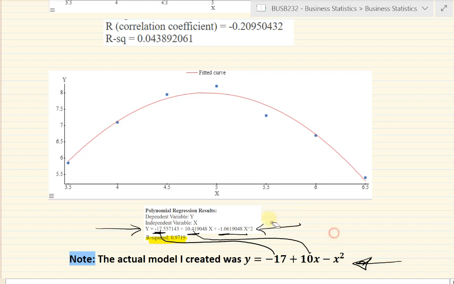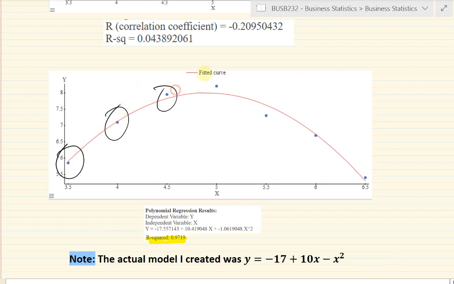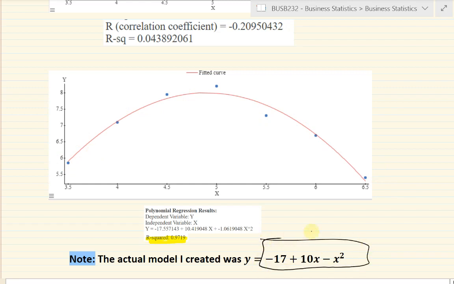And the way I did this is I actually created data, these data points that I created, 3, 4, 5, 6, and 7. These data points I created using this formula that I have down here, and I added some random normal disturbances, or some noise, call it.